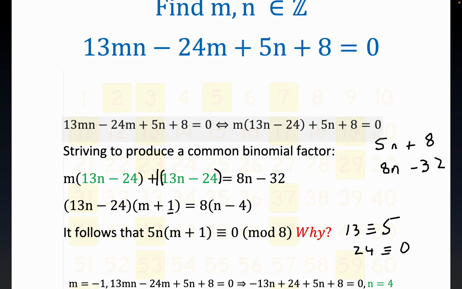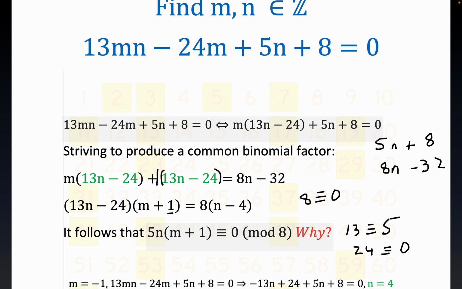That's why the 24 went away. And also, of course, 8 is congruent to 0 also. So that's why this whole right-hand side is 0. That explains how this object right here, which was an equality, became this congruence.